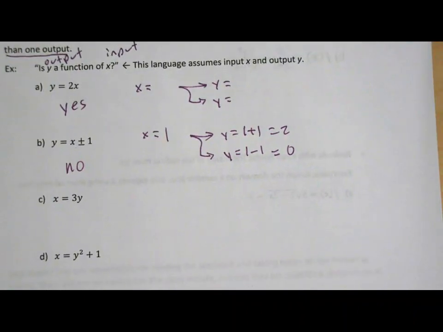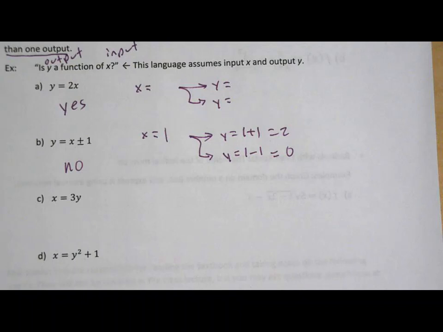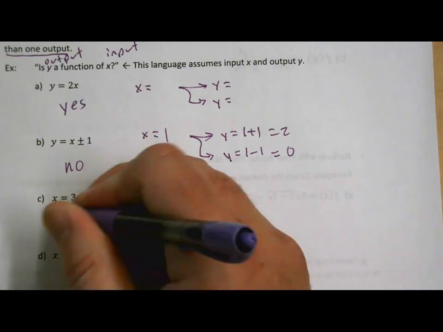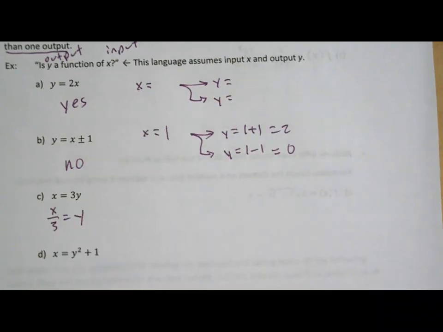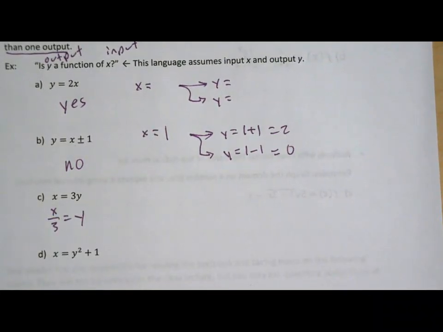Part C is not written as a y equals equation. Could you write it as a y equals equation? Pretty simply, yeah, we could solve for y. We could divide by 3 on both sides and write it as y equals x over 3. Is that a function? Are there any x values that could give you more than one y value? Not for this one.